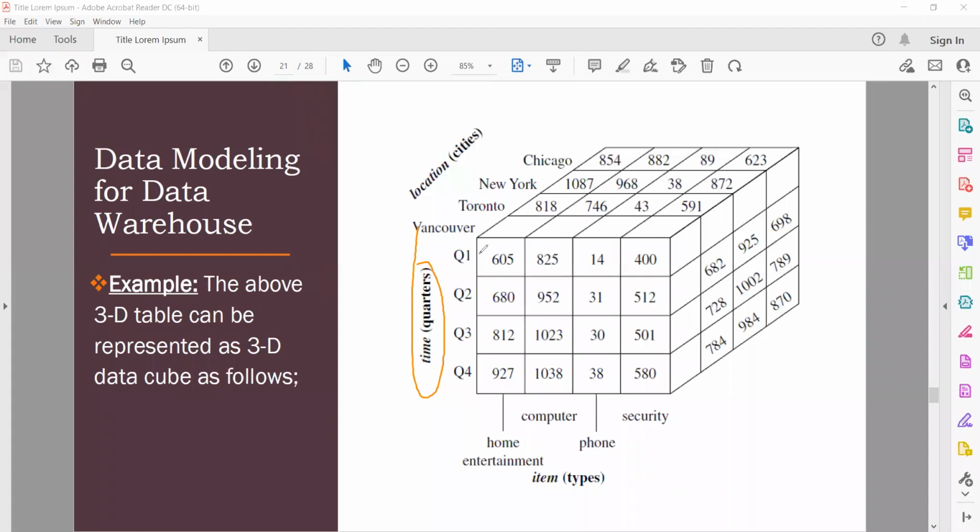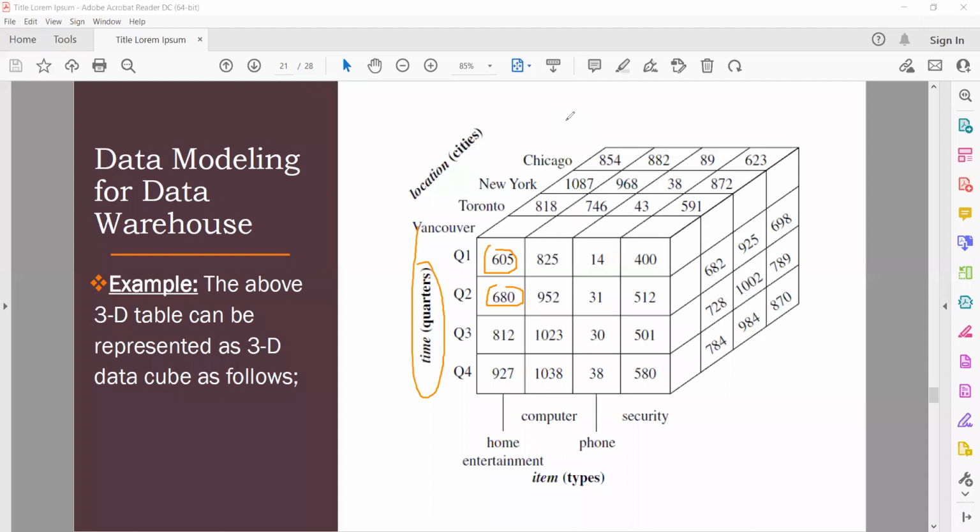Now how will I roll up? I can roll up into 2 quarters, Q1 and Q2. Then we need to add the summary of quarter 1 and quarter 2 together. Then we are putting into 1. That is called roll up.